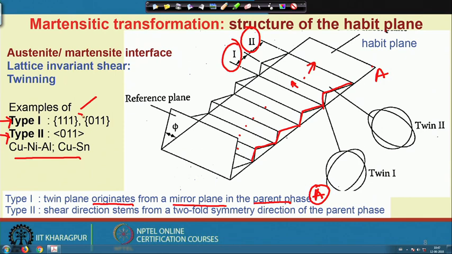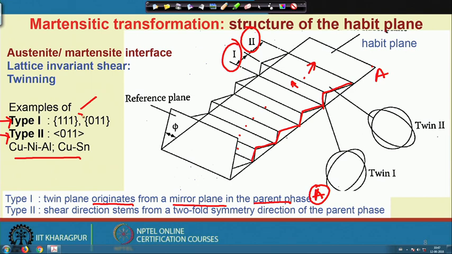So, far today we tried to understand the transformational strain, and how it is accommodated by different defects like dislocation, twin, stacking fault, and rotation of the lattice.